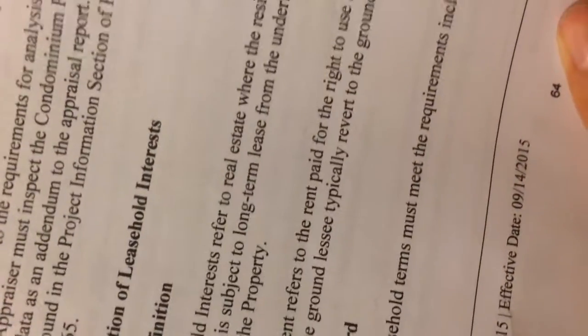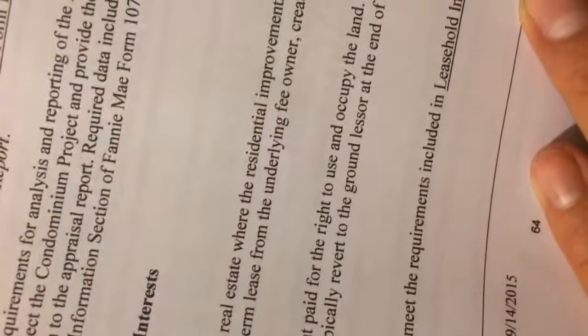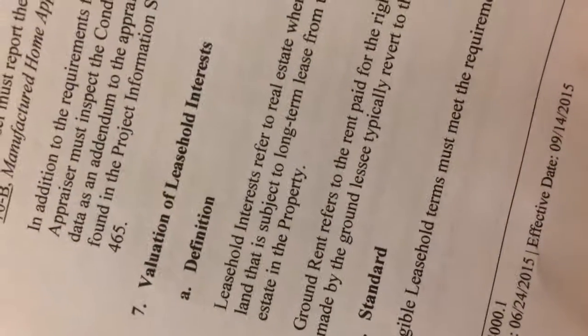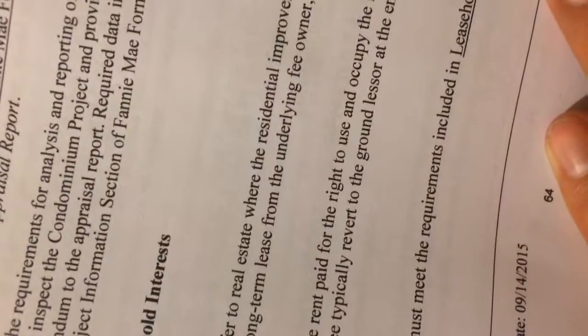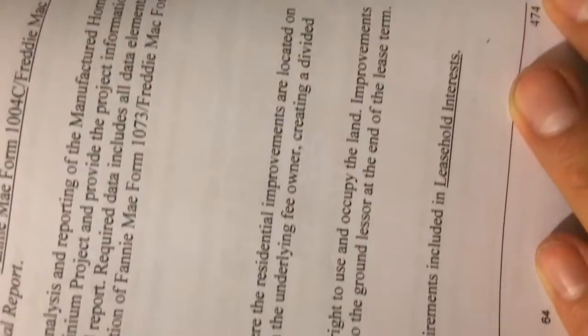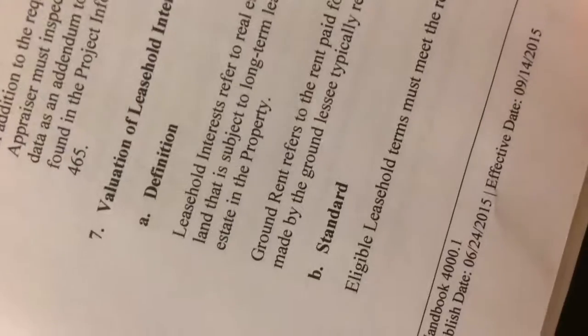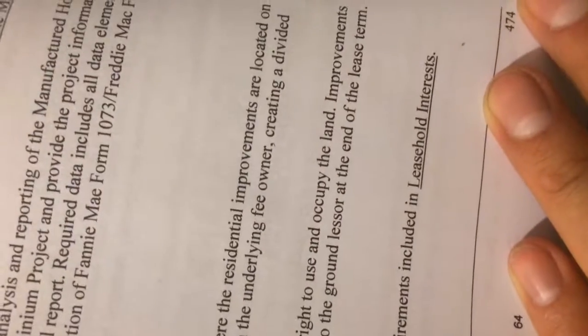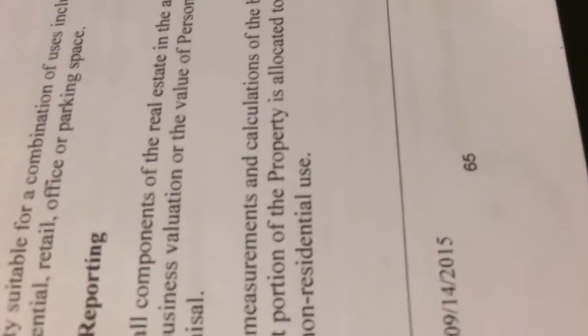Ground rent refers to the rent paid for the right to use and occupy the land. Improvements made by the ground lessee typically revert to the ground lessor at the end of the lease term. Standard. Eligible leasehold terms must meet the requirements included in leasehold interests. Page 65.